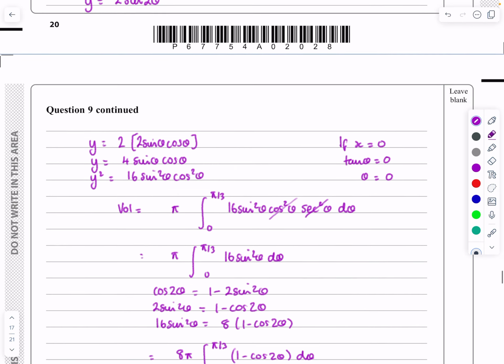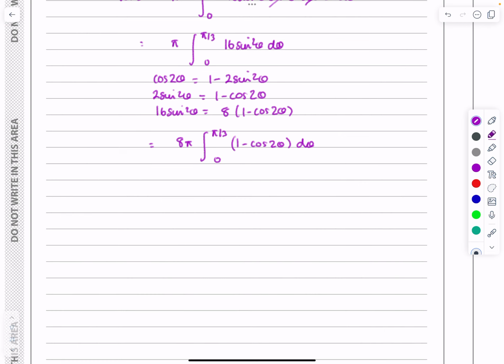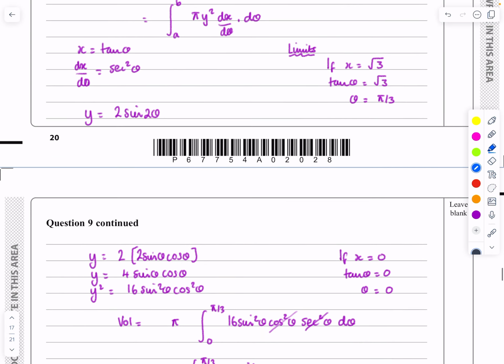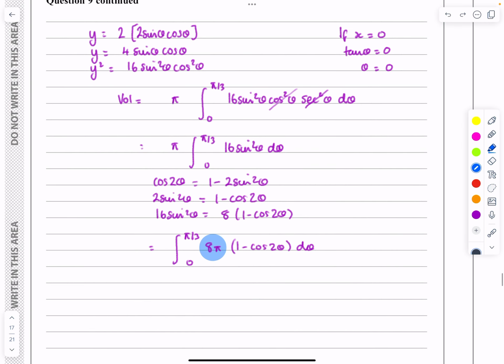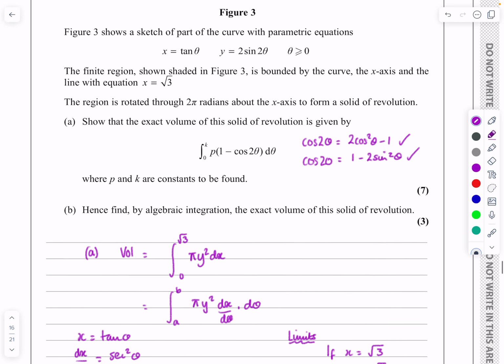Oh, in fact, put the 8 back in actually, because the question said have it in the format: the integral of k times something. Is it k? Is that what they used? Yeah, oh, sorry, p. Of p lots of 1 minus cos 2 theta. So actually in this case, p is going to be equal to 8 pi. Okay, that's the first part done. That's good. Let's just get rid of that highlighted part there. So that's part A done.